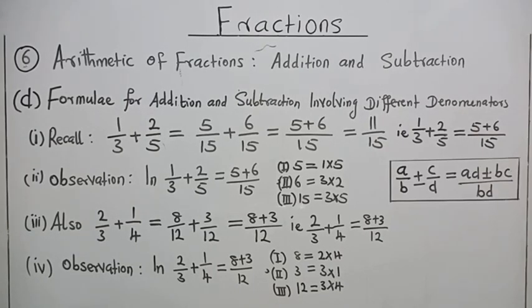And here comes the law for adding and subtracting two fractions which contain different denominators. See it here. A over B plus or minus C over D is equal to AD plus or minus BC over BD.